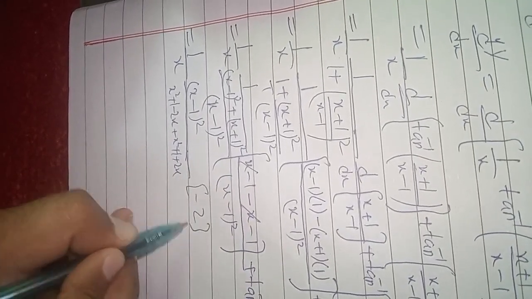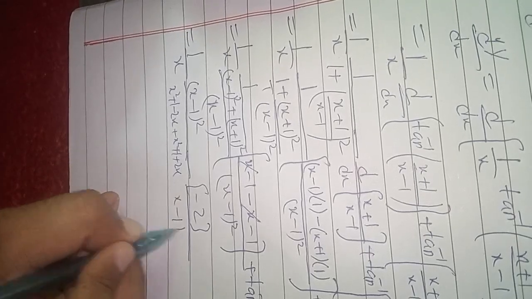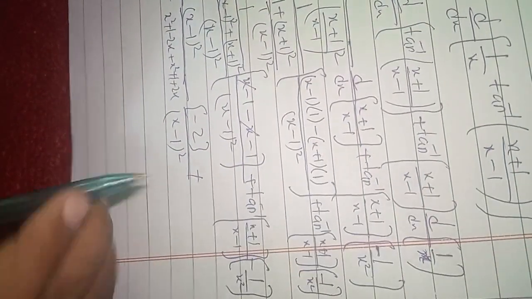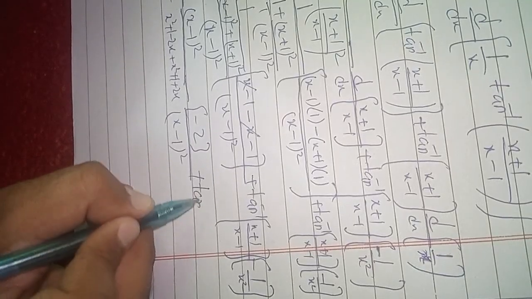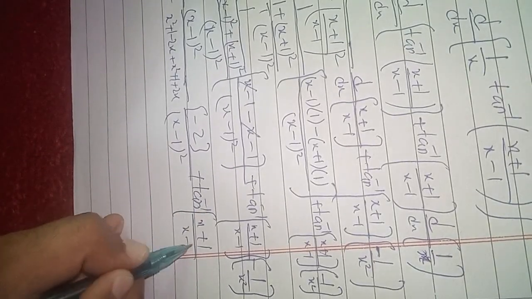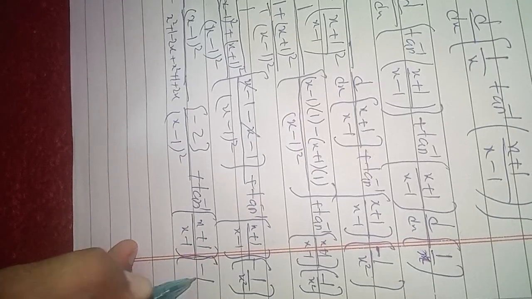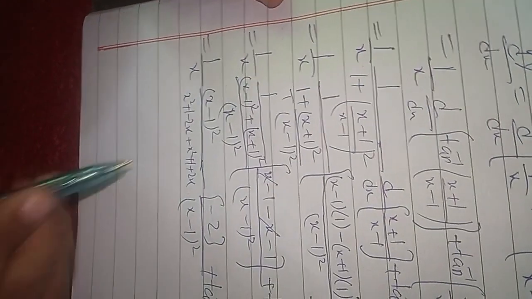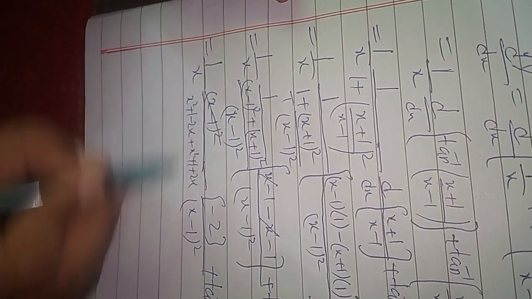After that we will do the cancellations. It will come minus 2 over x minus 1 square, and after that tangent inverse x plus 1 over x minus 1 will come as it is, and we will get the second function minus 1 over x square.